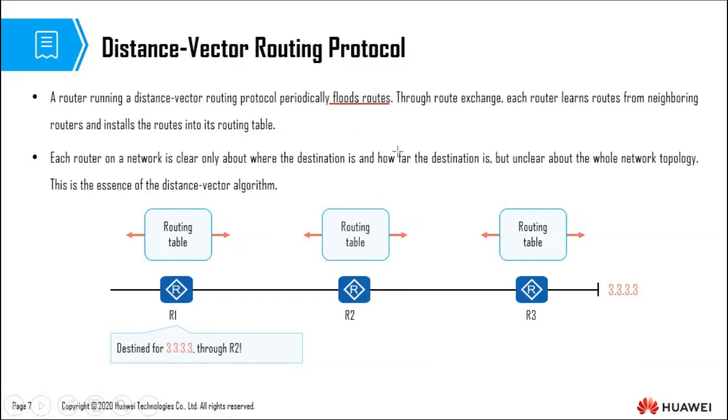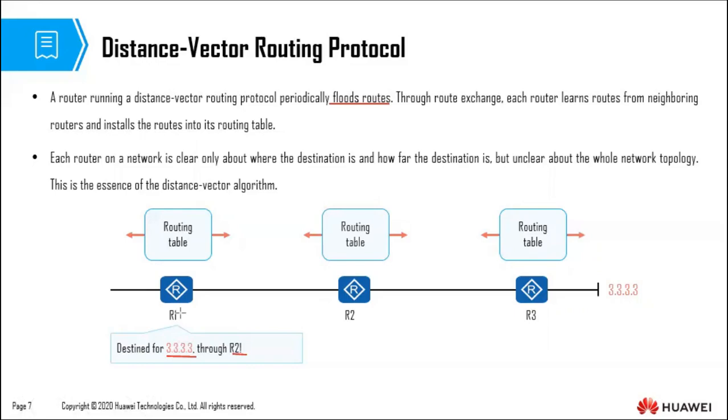Meaning simply flooding routes, saying if you want to go here, look here; if you want to go here, then you need to go through R2. So everyone is sharing their routing table with the others. This is how to go here, this is how to go here. Everyone is flooding their routes.